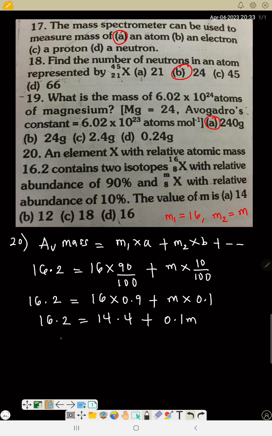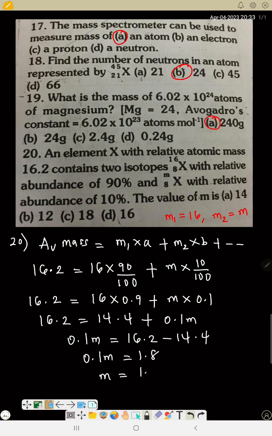So now collect like terms. 0.1 M is equals to 16.2 minus 14.4. That is, take this one to the other side. So that is 1.8.